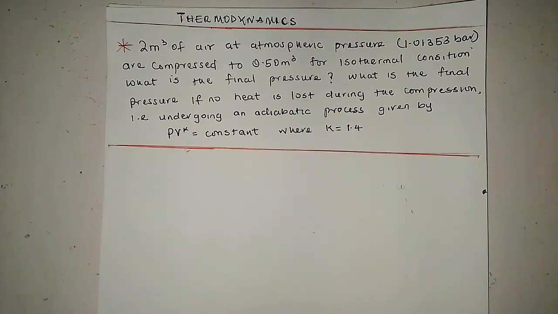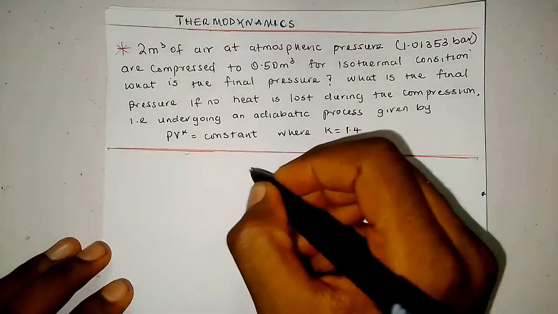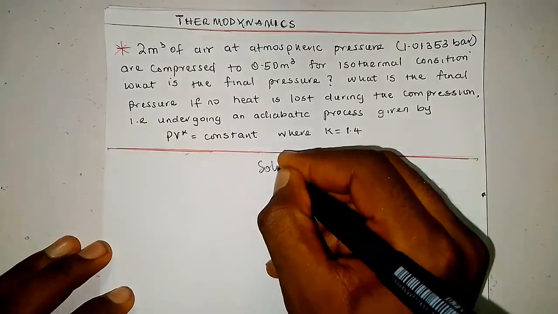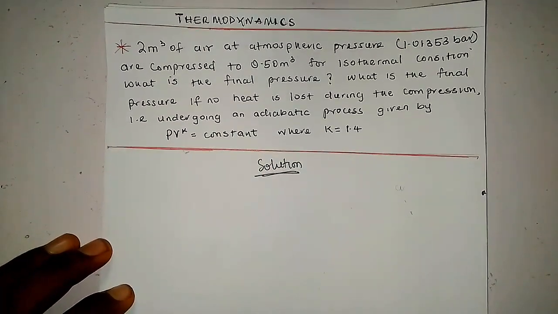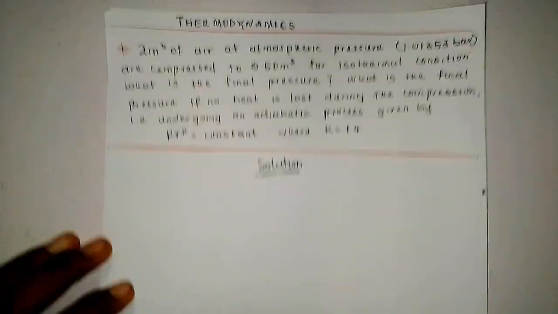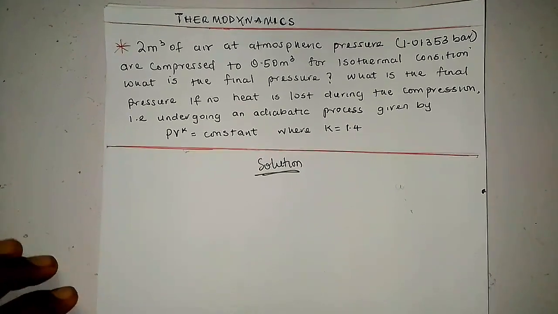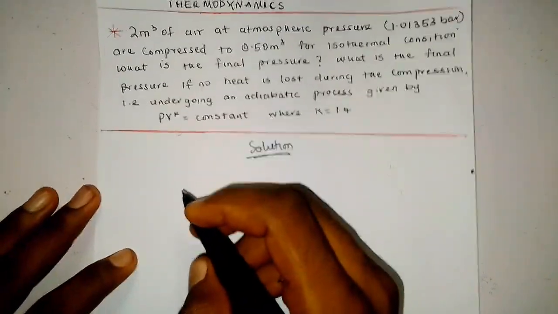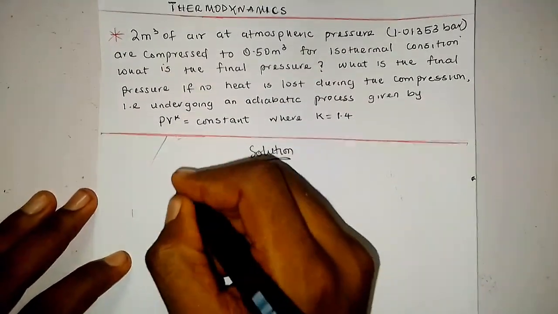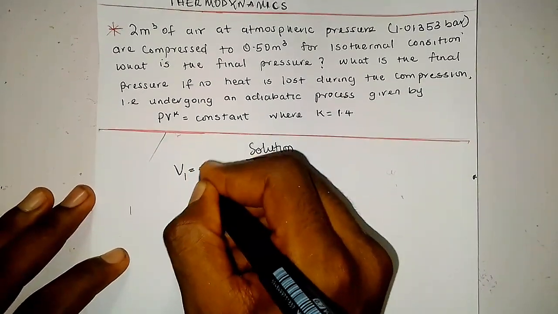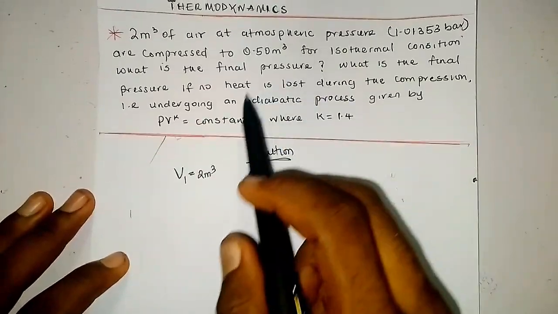Before we solve this kind of bulky question, let's write out the parameters. Solution. We're given 2 meter cube of air, so this is our volume. Let's call it V1, 2 meter cube, and the air is compressed.